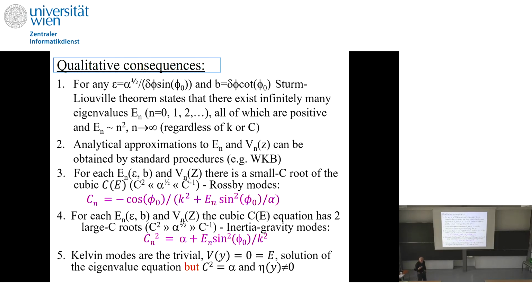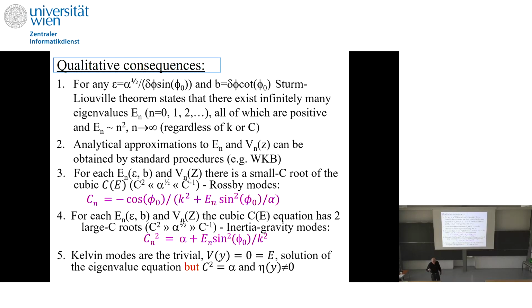I want to emphasize that what we see here, when V is 0, then C squared is alpha, etc., and eta is not 0. We talked about Kelvin waves. But I want to emphasize that the eigenfunction is identical. It's not similar, it's not close to, it's identical for both ways.